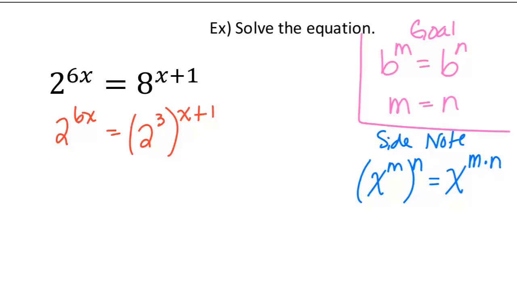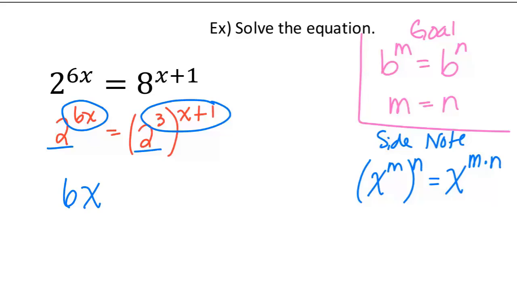That means I'm going to have to actually write it out differently, okay? So it's going to be base 2. So now I can just make the exponents equal. This is going to be 6x equals, for my second exponent there, 3 times x plus 1. So you want to put that in parentheses. 3 parentheses x plus 1.